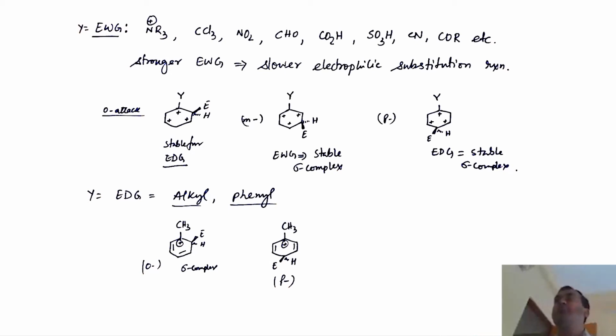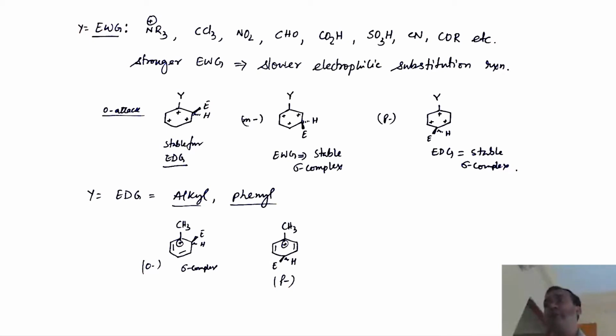So basically you need to make an order of the electron withdrawing ability of this series. That would be interesting for you, because let's say in the exam I give you 3 or 4 structures and ask you to order the reaction rate for, let's say, an electrophilic substitution reaction.